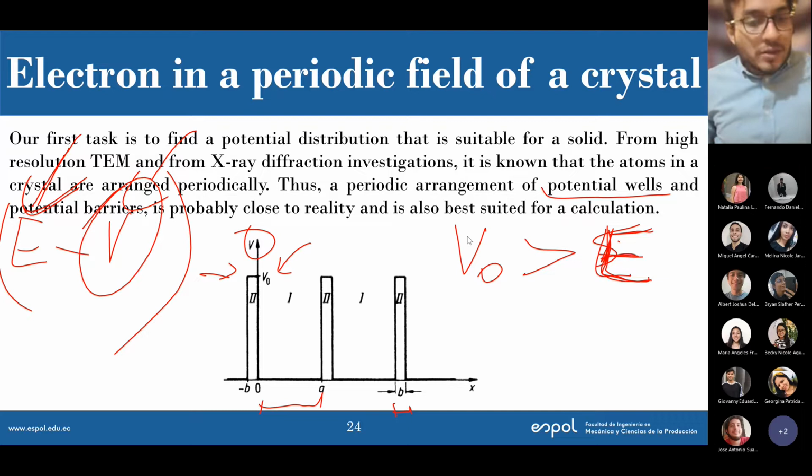Okay? So with these considerations, guys, can anyone tell me, first of all, how many Schrodinger equations I'm going to write? Remember that all these models are represented by the Schrodinger equation.